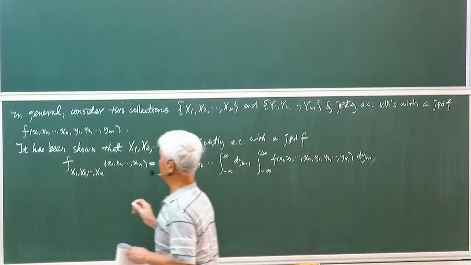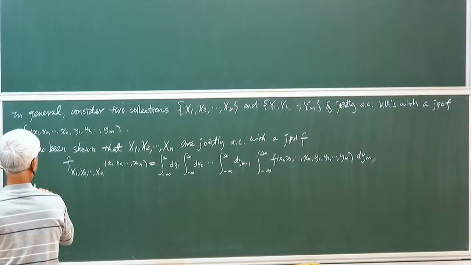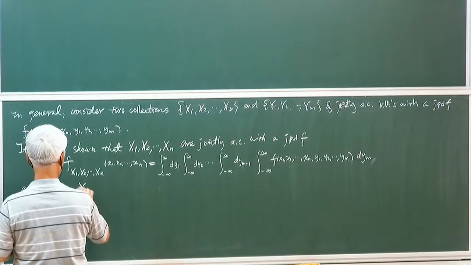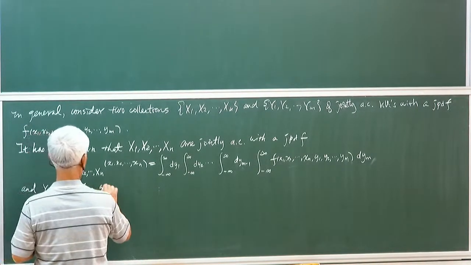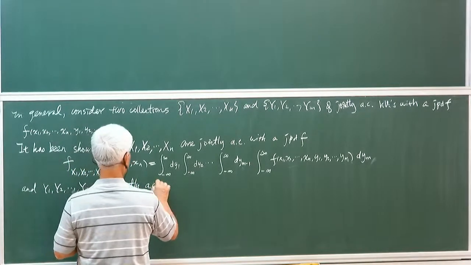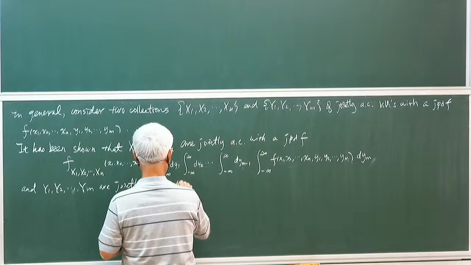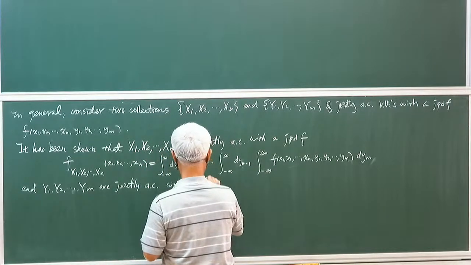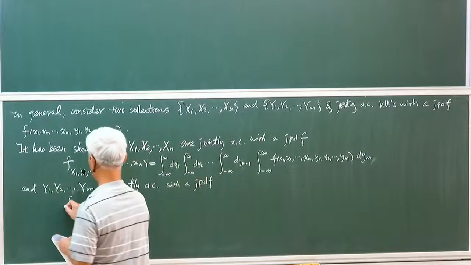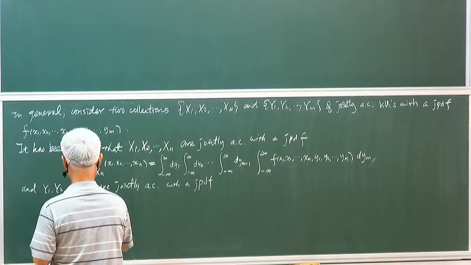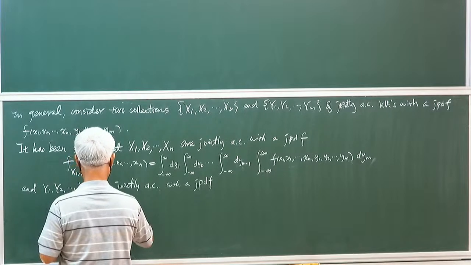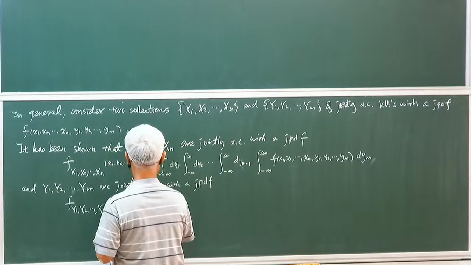And y1, y2 up to ym are also jointly absolutely continuous with a joint PDF, okay, which is a function of y1, y2 up to ym.